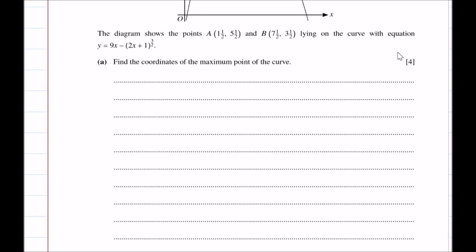We need to find the coordinates, the maximum point. That means we need to find the dy by dx, set equal to 0 and solve for x. So let's do that. We have y equal to 9x minus 2x plus 1 to the power 3 by 2.